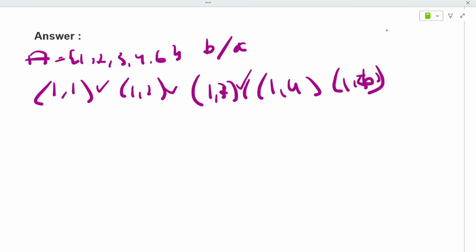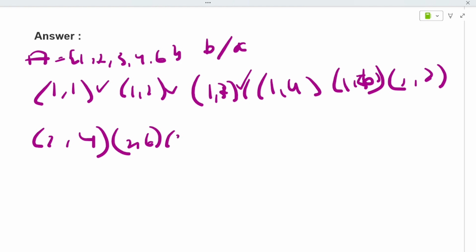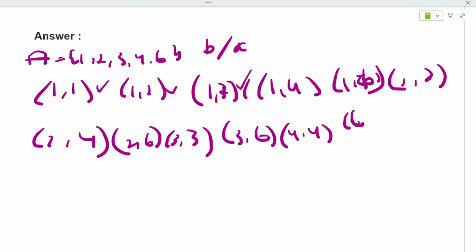Now if we see for 2, (2, 2) is divisible, (2, 4) is divisible, and (2, 6) is divisible. Now for 3, (3, 3) is divisible, and (3, 6) is divisible. And (4, 4) is divisible, and (6, 6). This is the relation we have got.